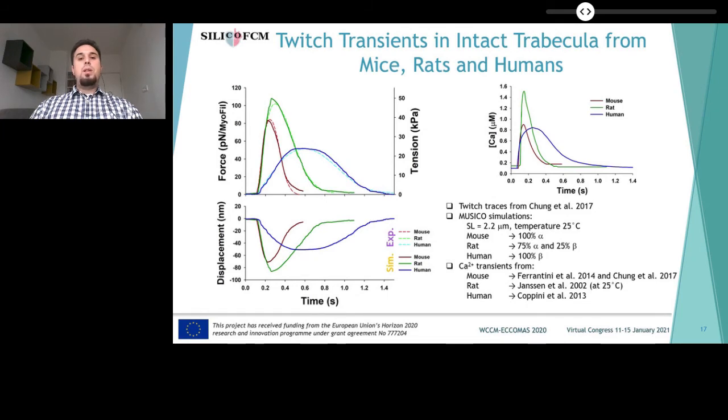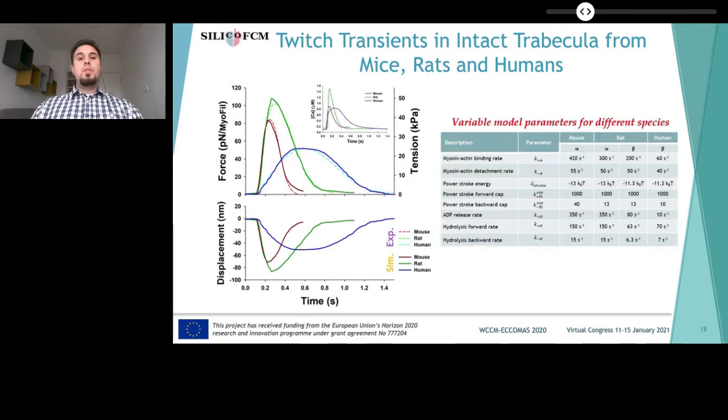The top right panel shows that along with different myosin fractions, these species have different calcium transients, which were estimated from various experimental sources. Interestingly, the top left panel shows a good reflection of the speed of the heartbeat between species, where the mouse heart is about 5 times faster than humans.